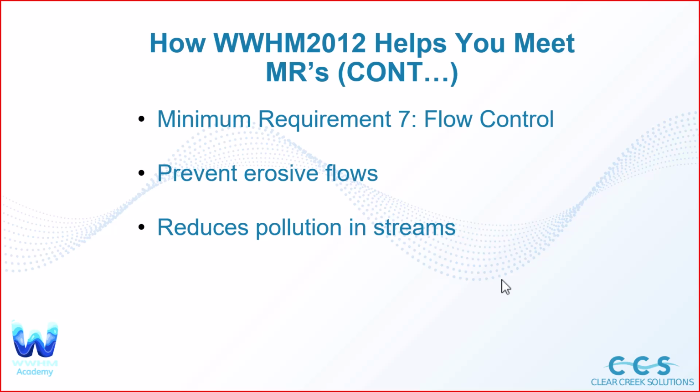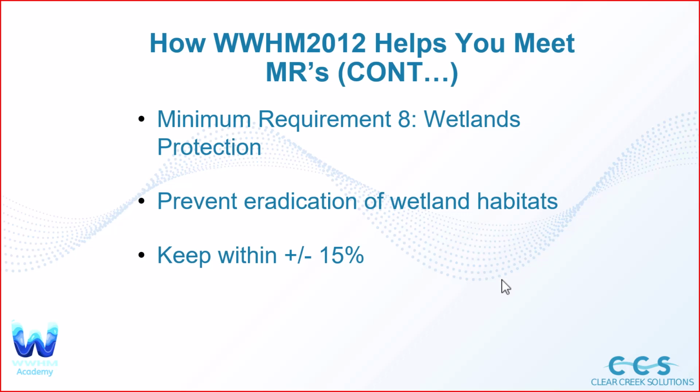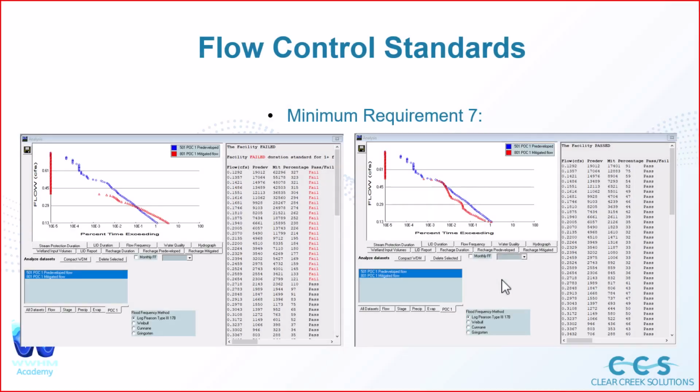And that's what WWHM 2012 is doing. It allows you to find ways to prevent those erosive flows from occurring, and that's minimum requirement number 7. And minimum requirement number 8, which is wetlands protection, is to prevent the eradication of our wetland habitats and to keep the wetland input volumes for any given month within plus or minus 15% of what that wetland is used to. And that is the current requirement outlined in the Stormwater Management Manual.